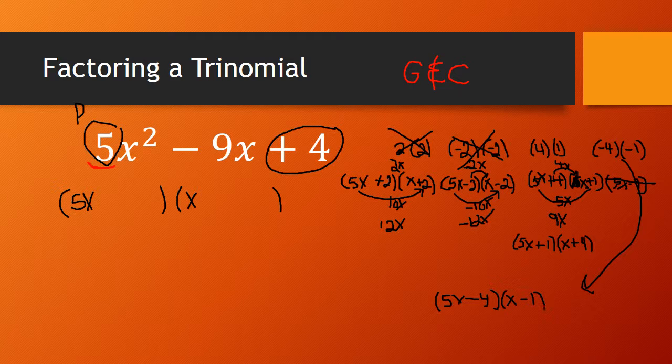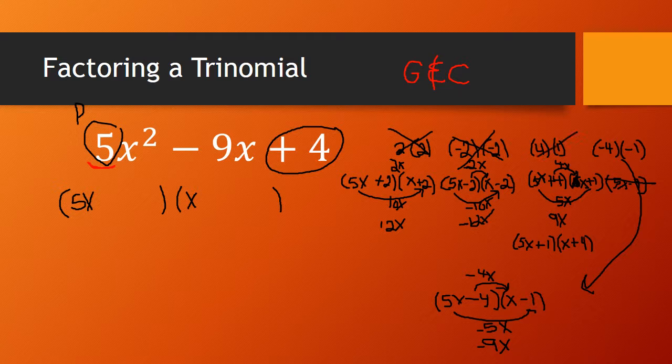So if I look at the product of the inner terms, I'm going to get negative 4 times x, which is negative 4x. 5x times negative 1 is going to give me negative 5x. If I add these two products, I'm going to end up with negative 4x plus negative 5x, which is negative 9x, and this is exactly what I need.